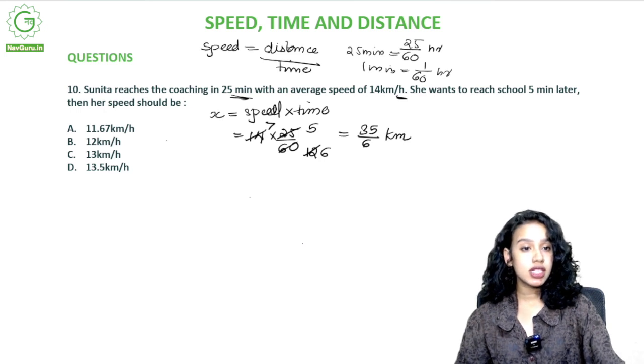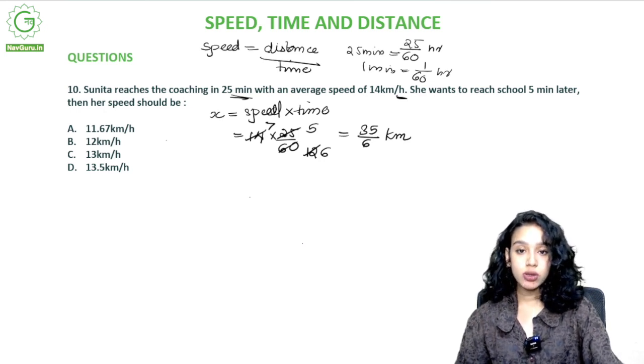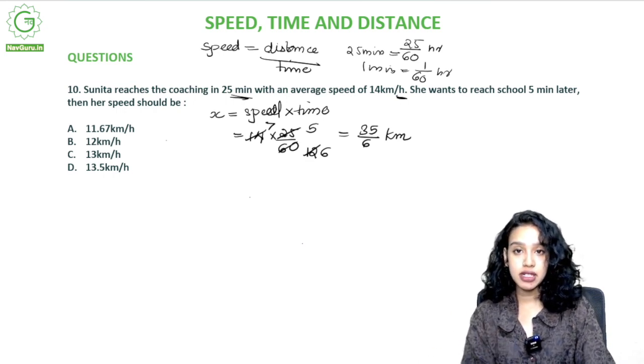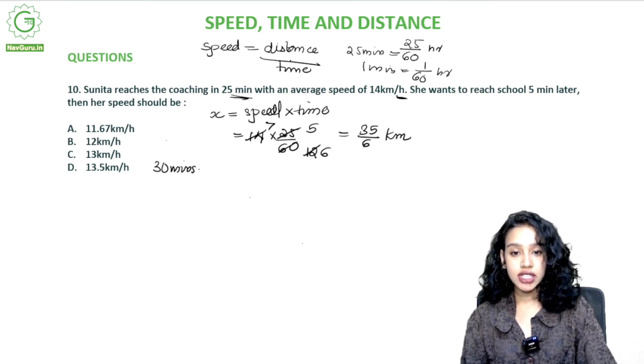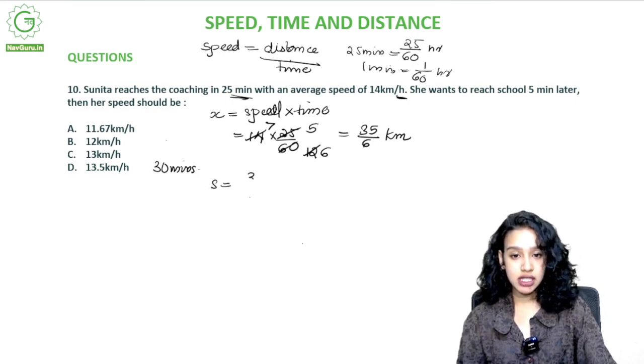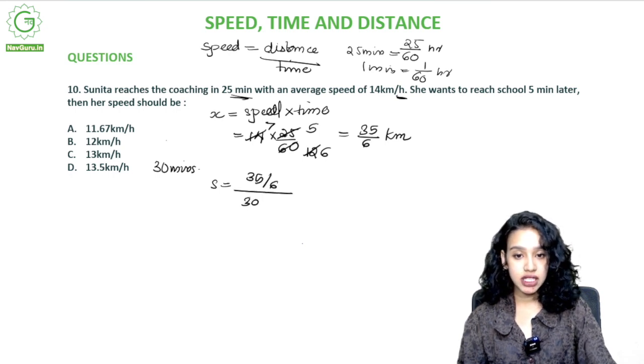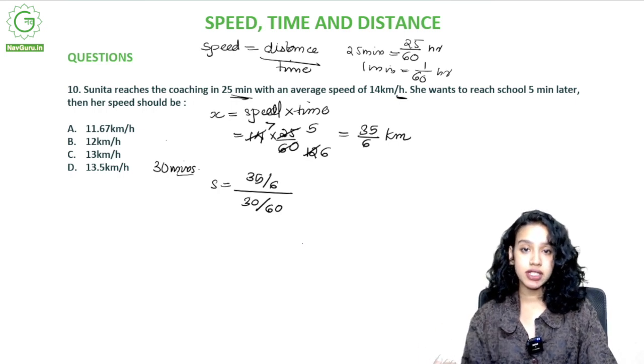Now she wants to reach the school 5 minutes later. So what does reaching 5 minutes later mean? It means that she takes a total of 25 plus 5 minutes, that is 30 minutes to travel, right? So now the speed becomes the distance 35 by 6 divided by the time, which is 30 by 60, because this is given in minutes, we have to find out in hour.